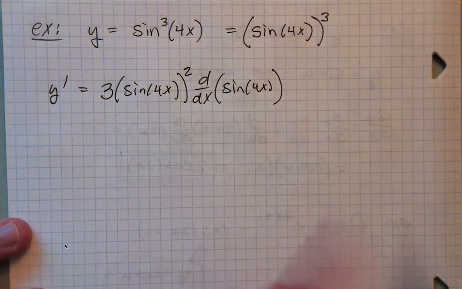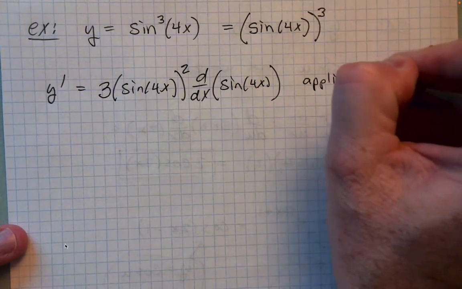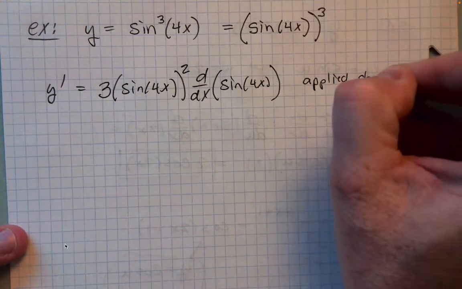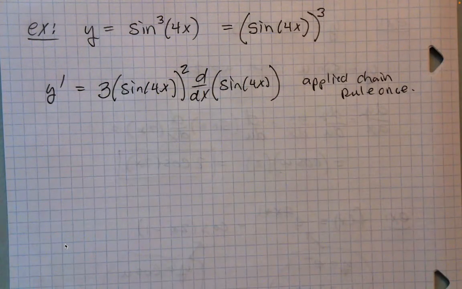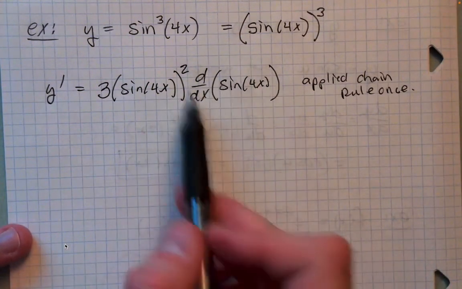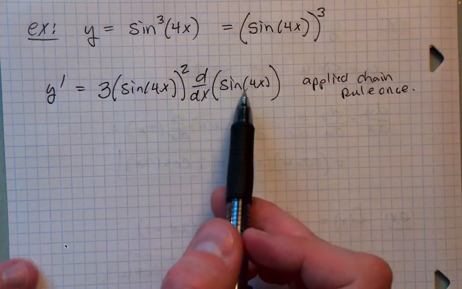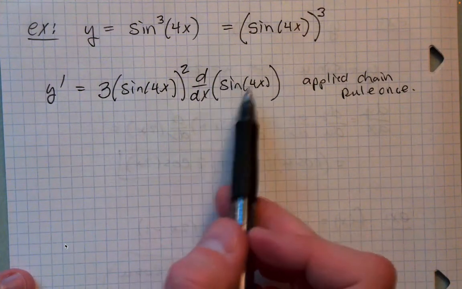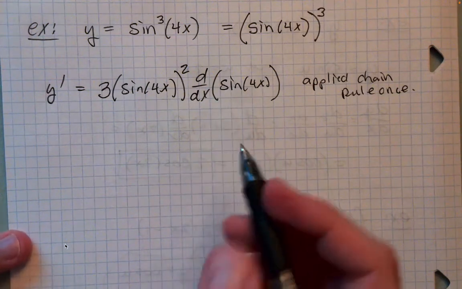Okay, so I've applied the chain rule once. Now I basically just differentiated this outside piece, and I have to figure out what this inside piece is. Notice that this is itself the derivative of a composite function, so we have to use the chain rule again, right?